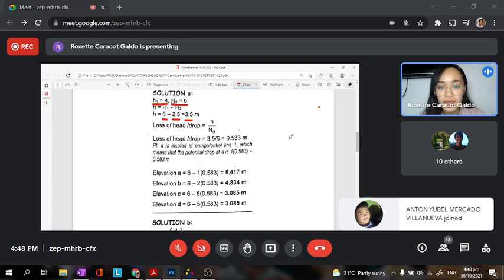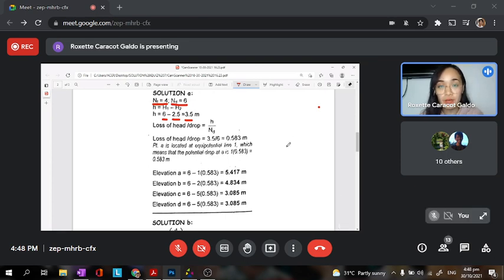So since equal man daw ang loss of head kada approximate squares, and we have 6 approximate squares, kaning 3.5 nga difference sa ato ang pressure, i-divide sa kada isa niya ato. So that would be 3.5 divided by 6. So we would arrive with the value of loss of head equal to 0.583 meters.